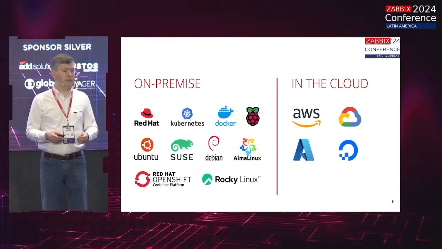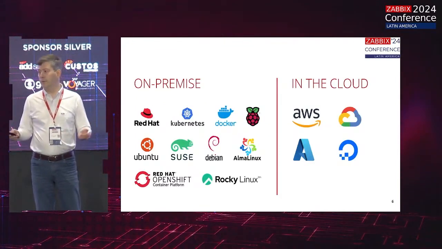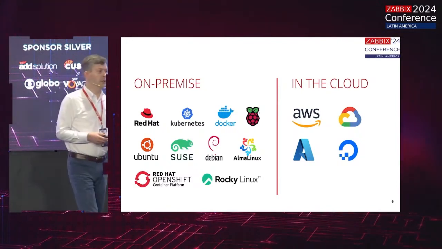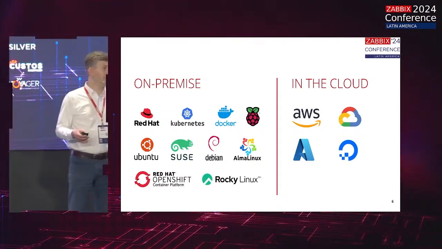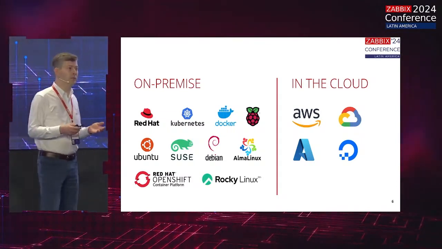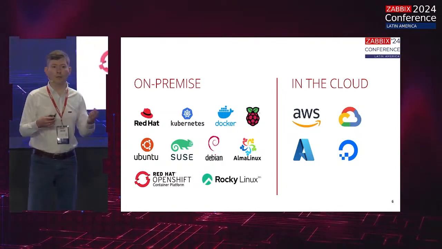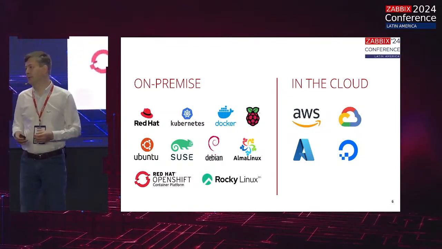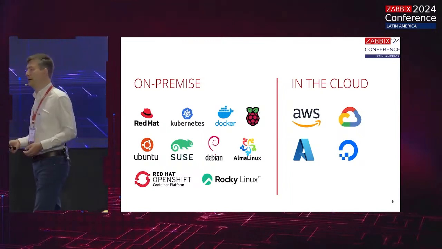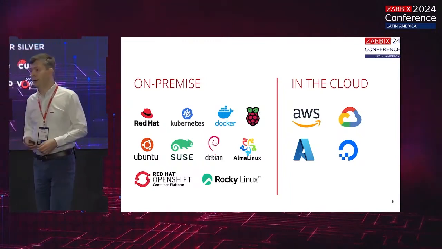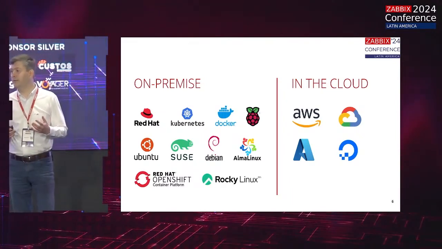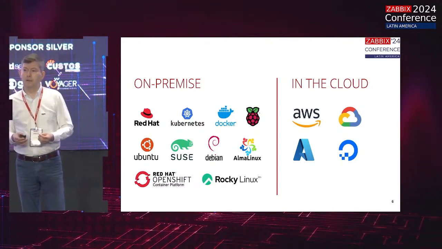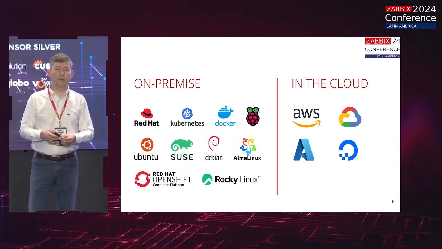And of course, Zabbix can be used everywhere. We have complete freedom. We may use Zabbix on premise, absolutely no worries at all. We do provide Zabbix packages for different platforms: Kubernetes, Docker, and many different distributions of Linux are supported.